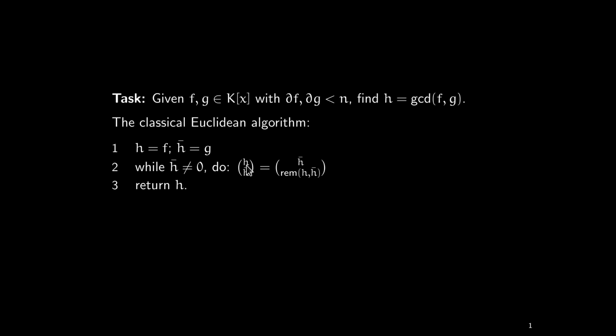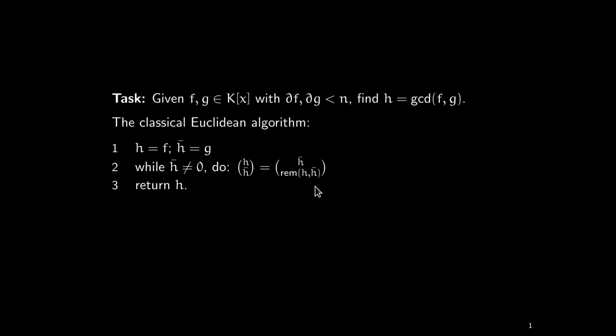The termination condition is that the second component is 0. When the second component is 0, then the first component is the GCD, and then we stop the iteration and return it. And anyway, if the second component is 0, then we cannot continue, because here we have a division with remainder by the second component, and if that's 0, then this is a division by 0.